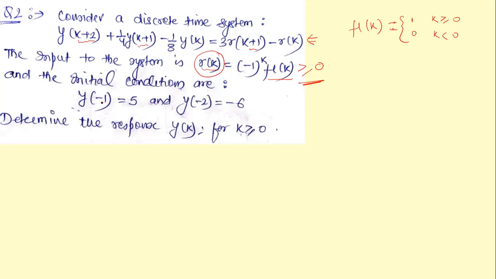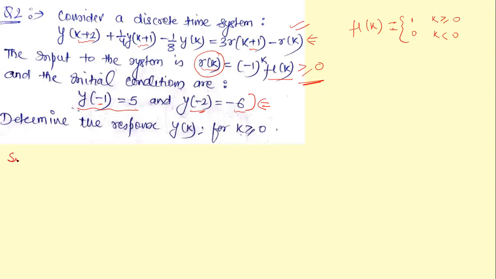right? And the initial conditions are also given, which are: y[-1] is 5, and y[-2] is 6, right? Now, from here, you can see that you will never get the negative samples for this particular equation. So that means you need to transform this equation into the relevant equation so that you can get the negative samples, right?